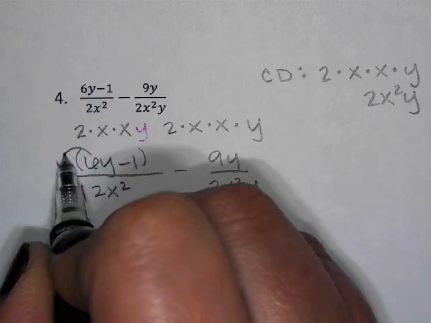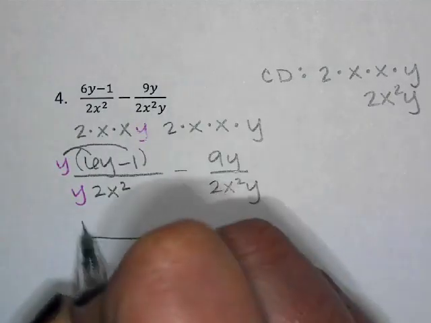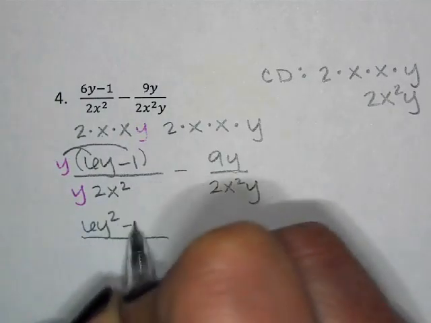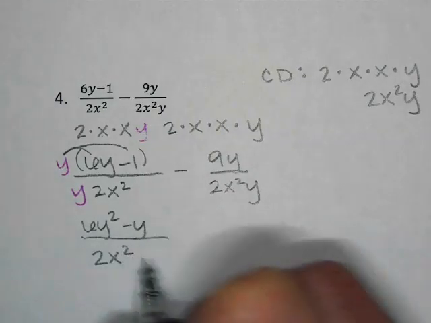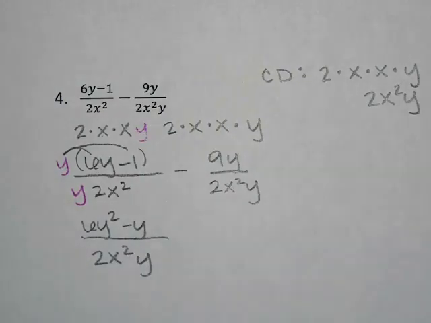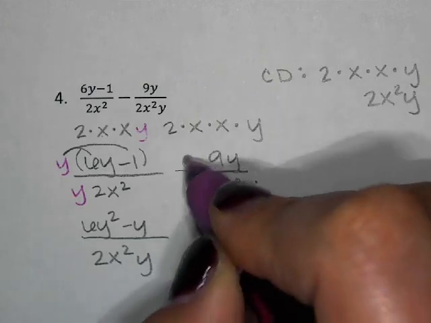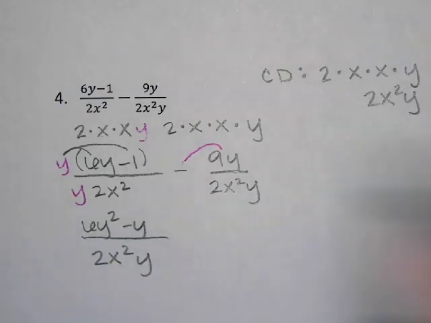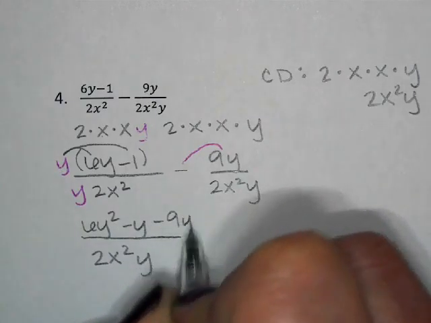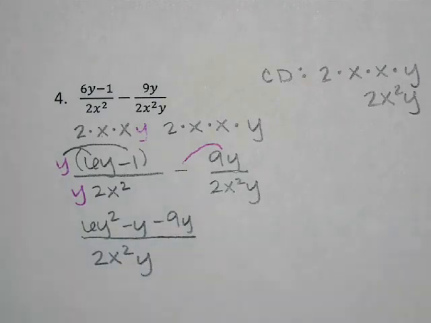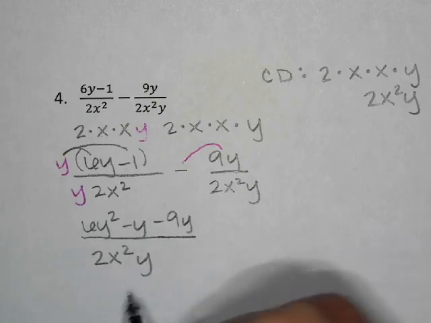And then I'm just going to cut off a step on this one, and then we've got minus 9y. Six y to the second minus 10y.